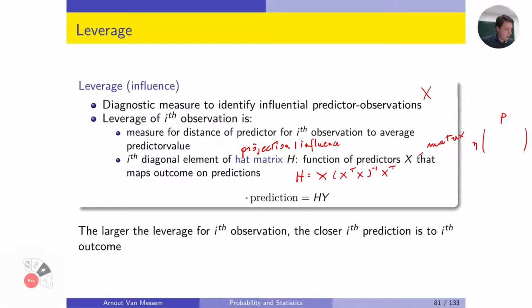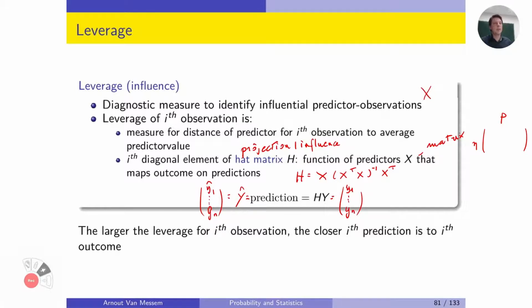So it will be like this, Y hat, my prediction, is H times my observations. So Y is then Y1 up to Yn, and this is Y hat 1 up to Y hat n. So H is the one that projects, that transforms my observed values to my predicted values.